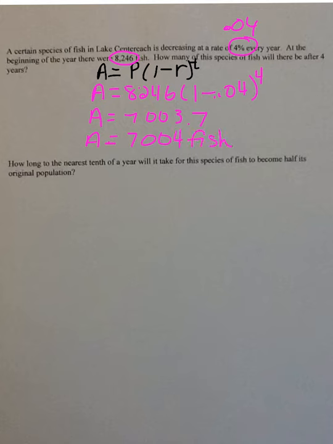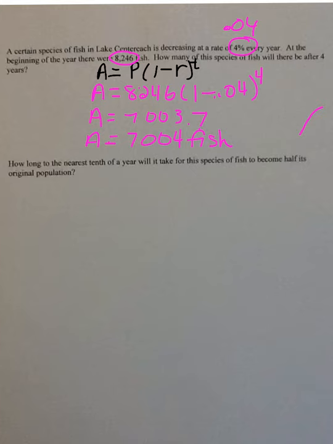Okay, so let's look at the next part. So the next part says, how long, that means we're solving for time, to the nearest tenth of a year, will it take for the species of fish to become half its initial population?